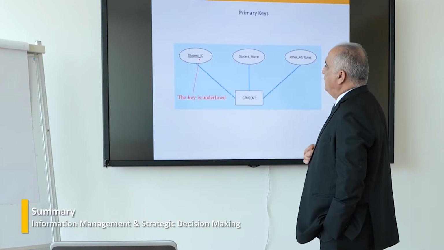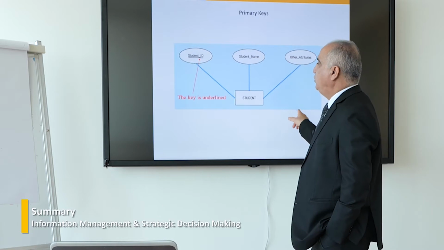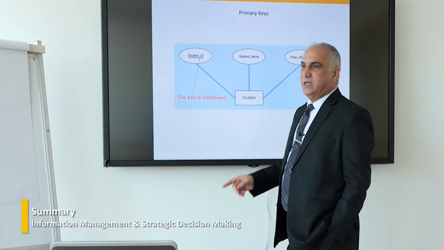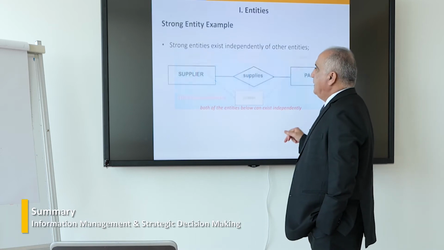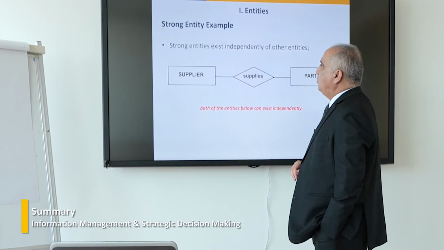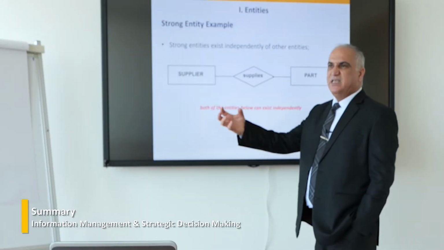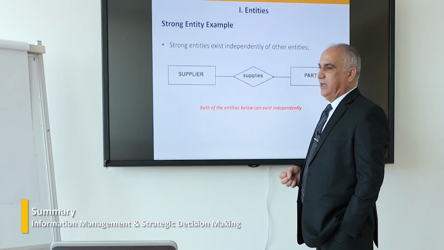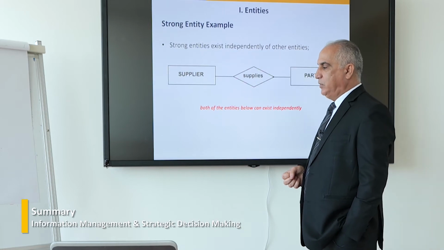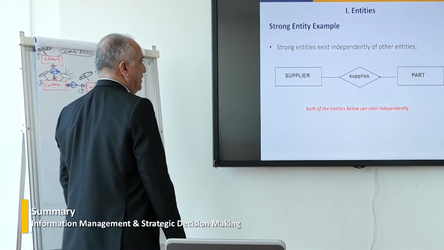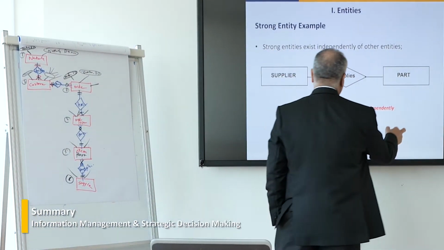We learn about what is a primary key, okay, and how an entity shows that it's a primary key by underline. And we basically talk about strong entity, and that means an entity can stand independent of the others. Example, supplier is an independent, strong entity, all right?